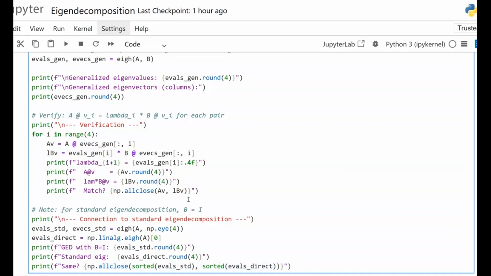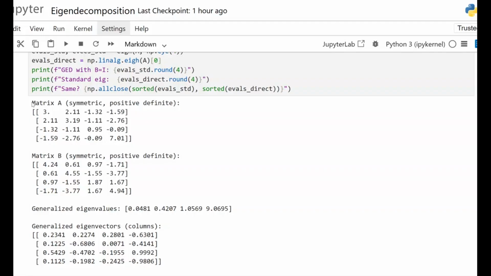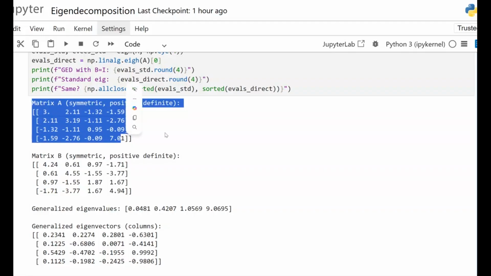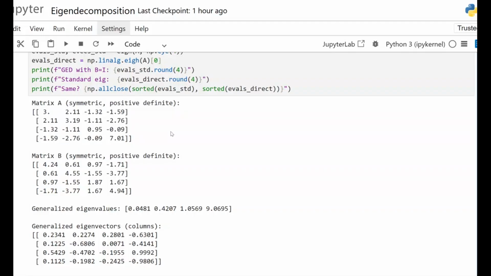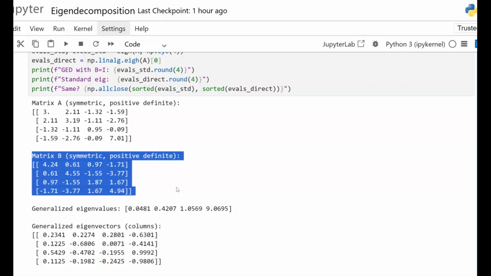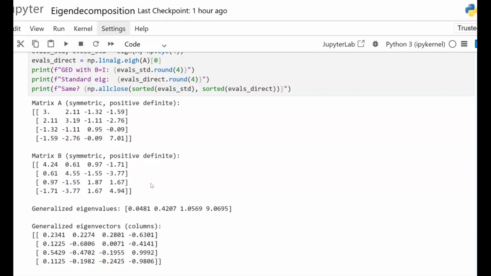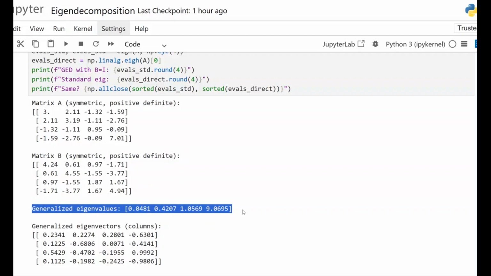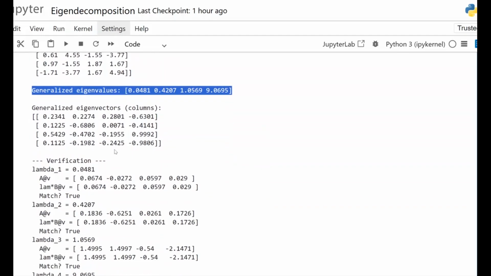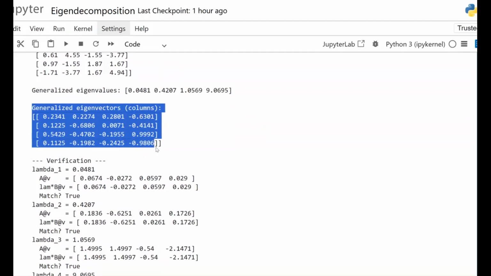And here let me execute, and dear friends, kindly observe, this is the matrix A. It is symmetric and positive definite, and the matrix B is also symmetric positive definite. Here we get the generalized eigenvalues, and we have the generalized eigenvectors as columns.